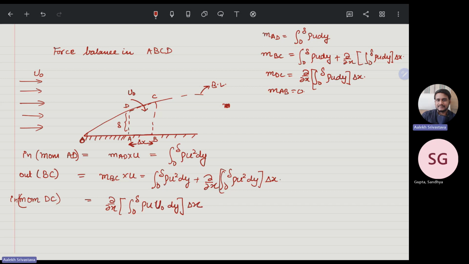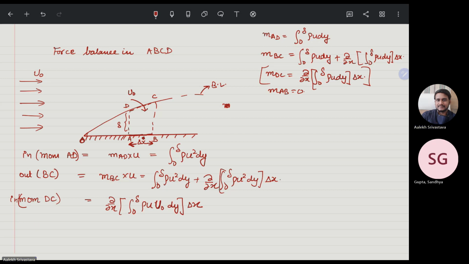This is the mass that was calculated here, and it should come with U0 velocity. Now, we say that there is no mass that will come from the AB side because it's impenetrable. But you will have a shear force because of the fluid motion, and that will lead to the change in momentum. We will do that in the later part.